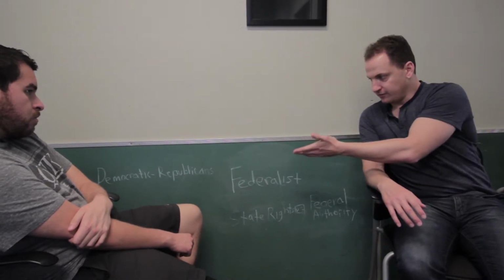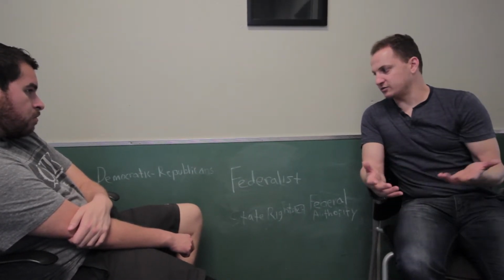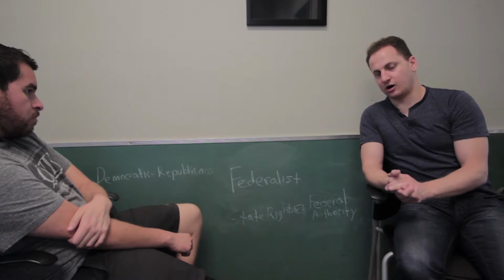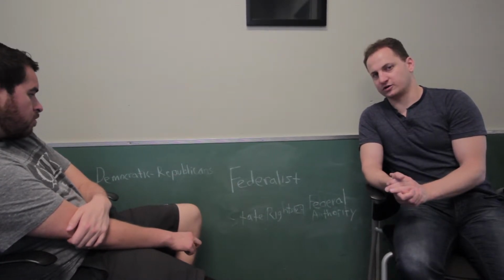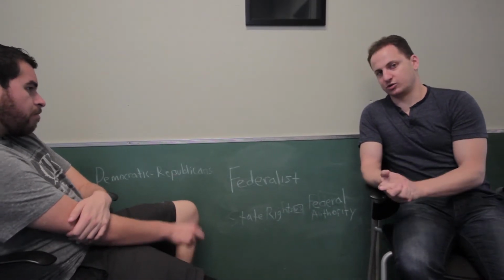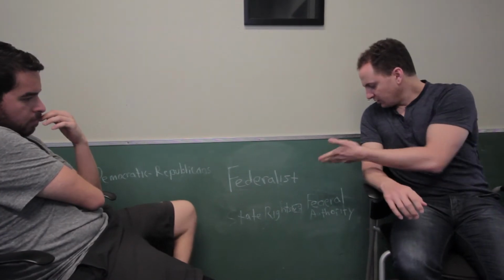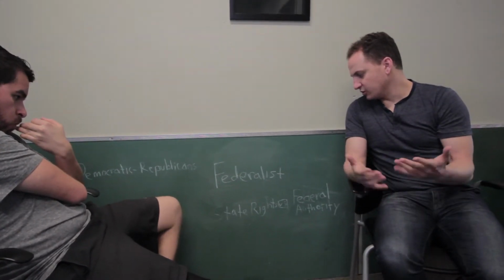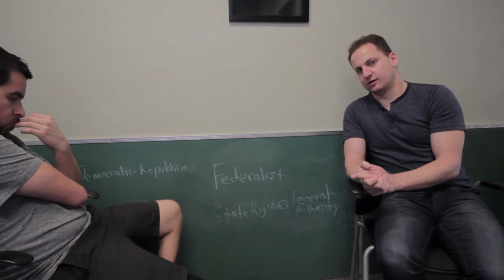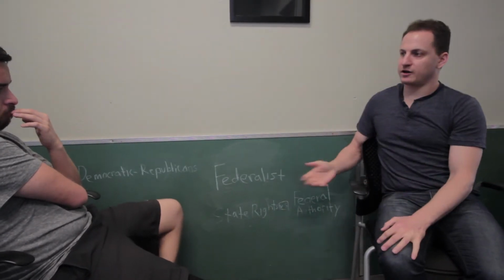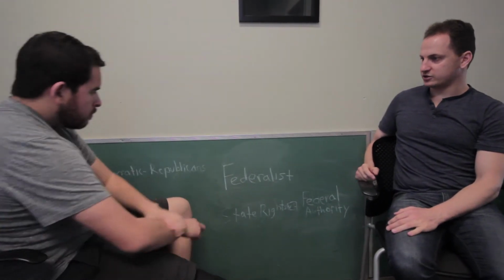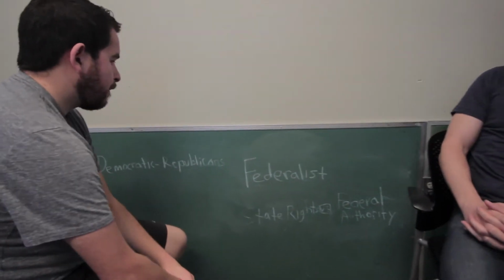Today, Democrats and Republicans are our two major political parties, so you can write things you would associate with them. Some of these other things, states' rights, what would you associate with that? So go on ahead, Cruz, you can get up here first and write some of the things that you would associate.